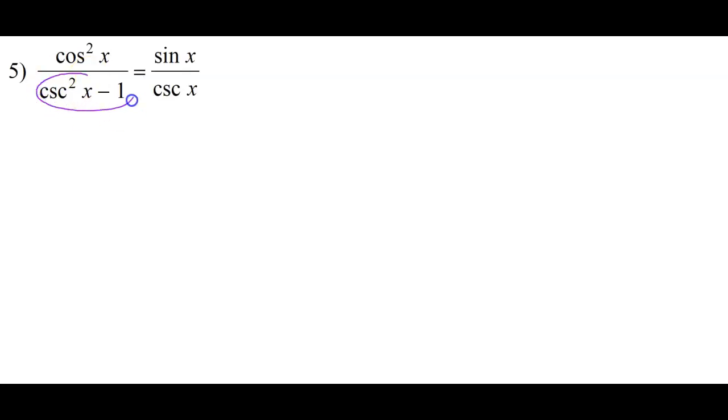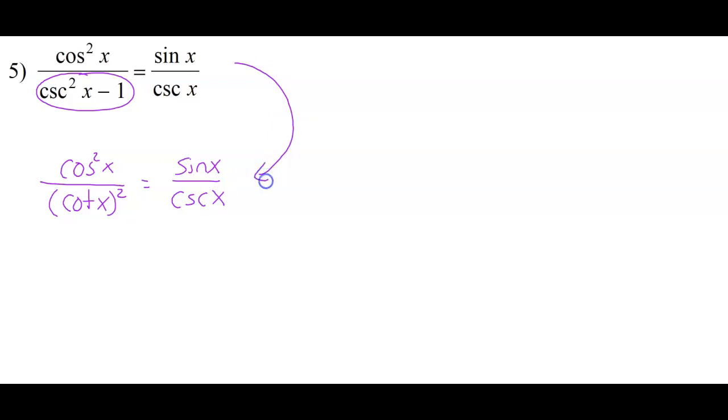And it turns out that this one is an identity. Cosecant squared x minus 1 has a Pythagorean identity value of cotangent squared. I'll write it like this, though. So for that one, I'm just going to call it a Pythagorean identity.